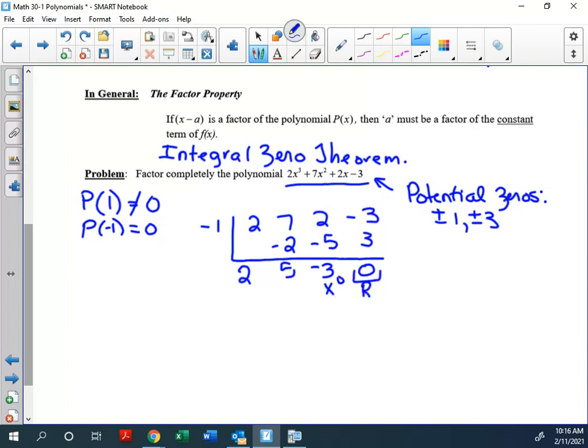So now I've got a constant, an x, and an x squared term. As soon as it's a quadratic, I can probably do that with all the skills I learned in 10 and 20. So now I've got 2x squared plus 5x minus 3. Factor that however you like.